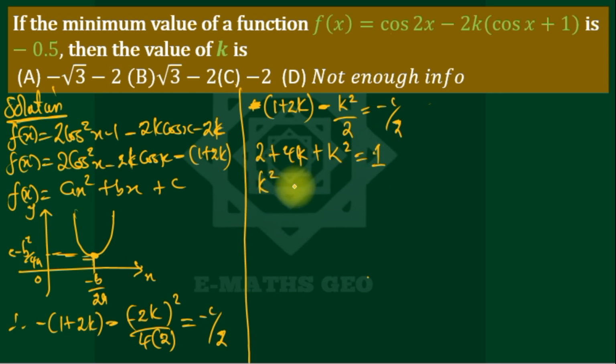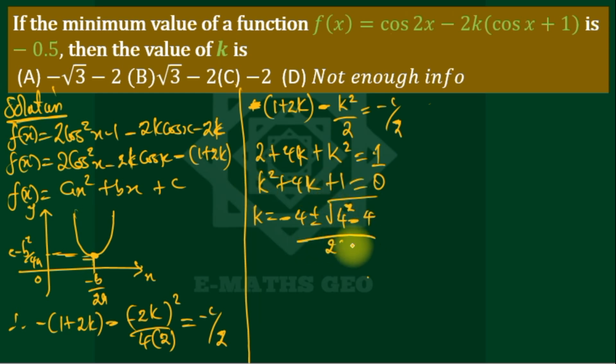I have k squared plus 4k plus 1 equal to 0. That's a quadratic equation, and using our quadratic formula, k is minus b, b is 4, plus or minus the square root of 4 squared minus 4 times a, a is 1, over 2 times 1, which is 2.